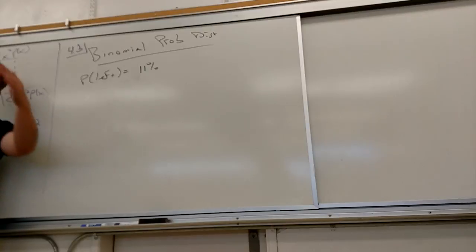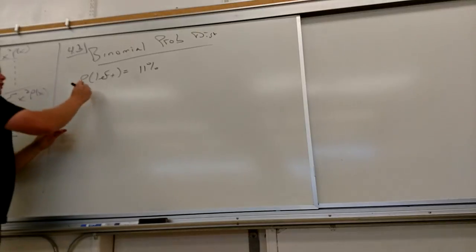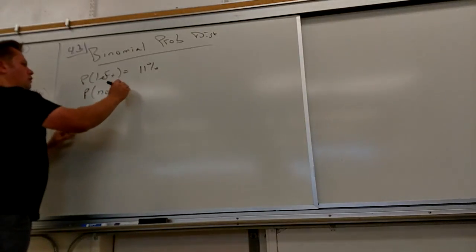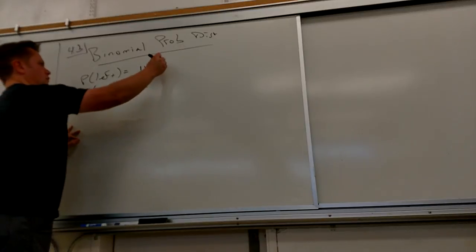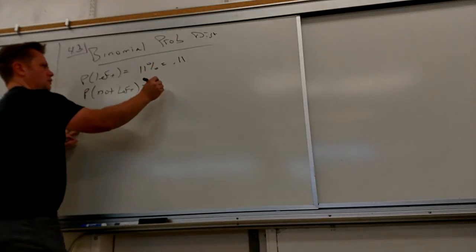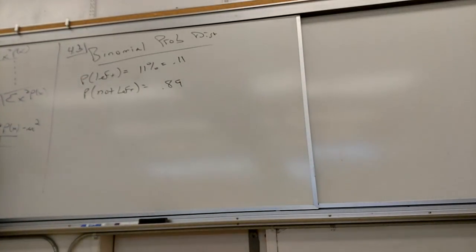I could say right-handed, but just to make it more general, I'm going to say left-handed, not left-handed. So the probability of not left-handed would be what? Oh, sorry. 0.89. Is that cool? Of course, because together they have to add to be 100% or 1, because that's everything.